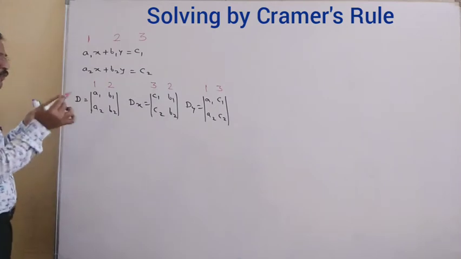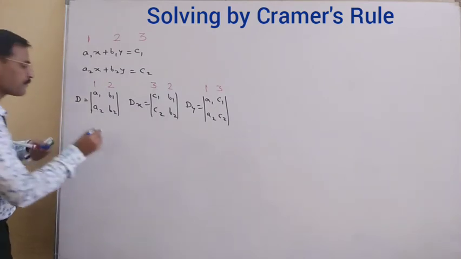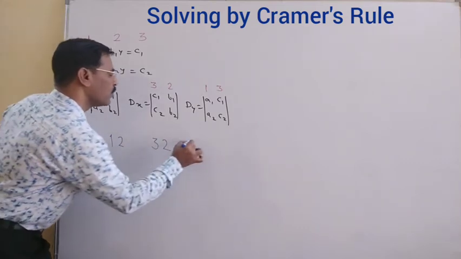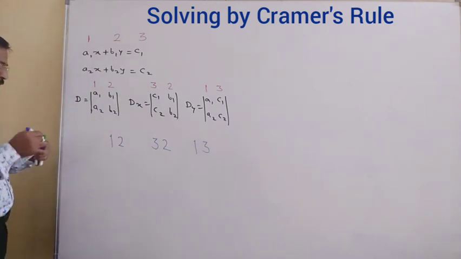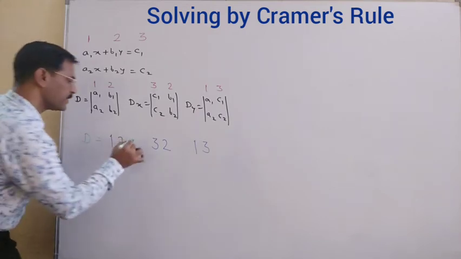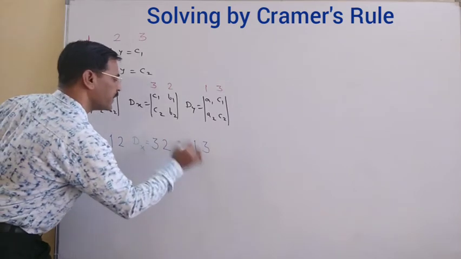So that means this is now very important to remember: 12, 32 and 13. That means this is for D, this is for Dx, and this is for Dy.